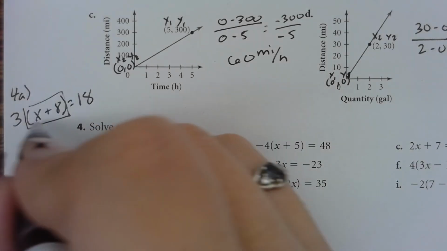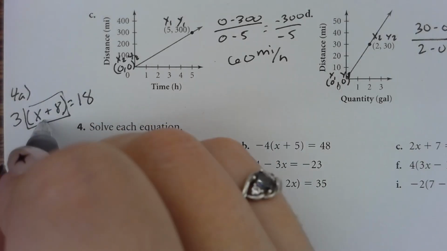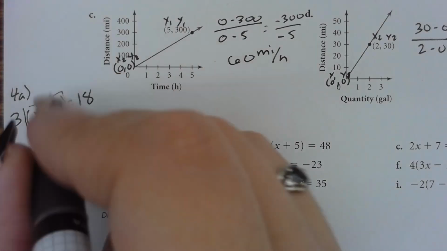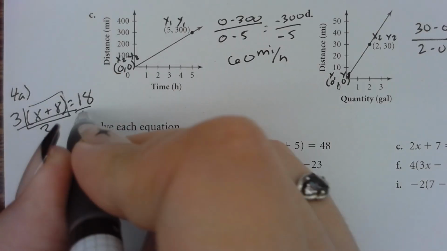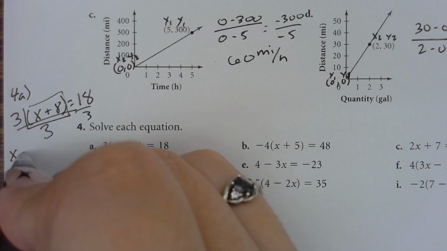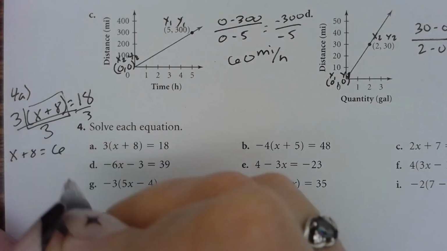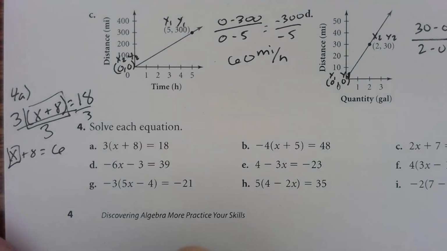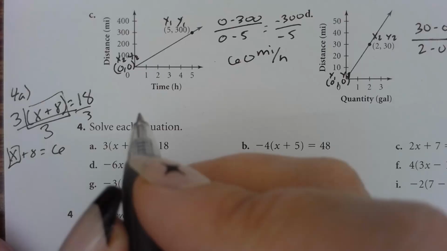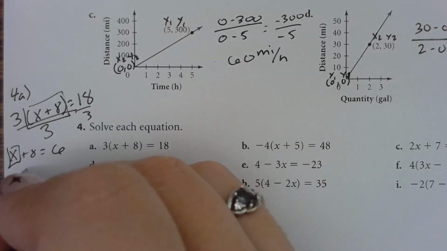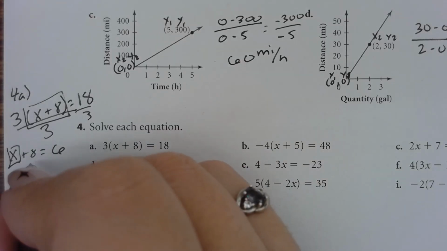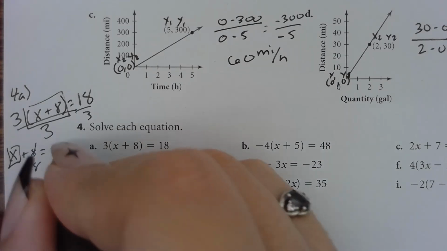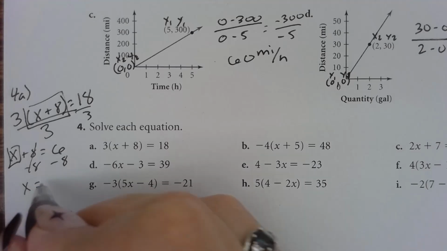If a number is right next to something, it's multiplying. The opposite of multiplying is dividing. So x plus 8 equals 6. To get our x alone again, we undo adding 8. Subtract it. Get 6 minus 8, we get x equals negative 2.